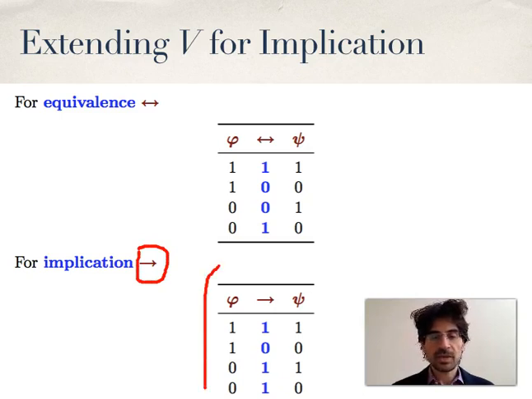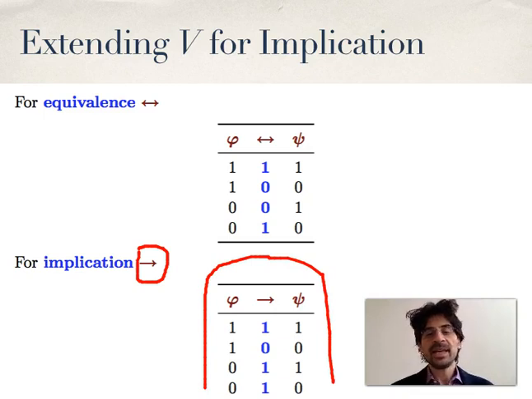If phi is true and psi is true, then phi implies psi will also be true. However, if phi is true and psi is false because it is 0, then the implication will be false.